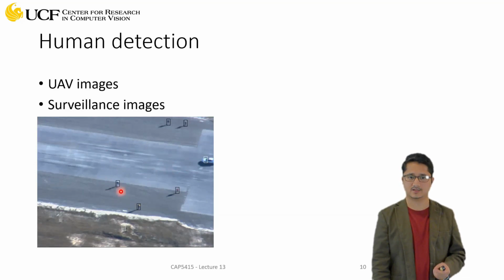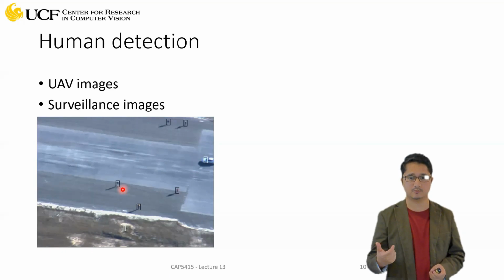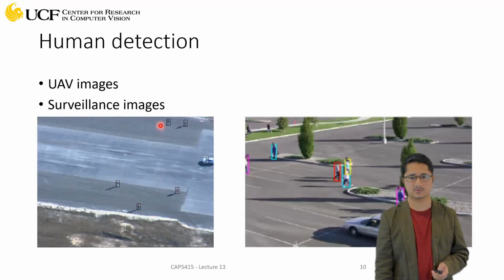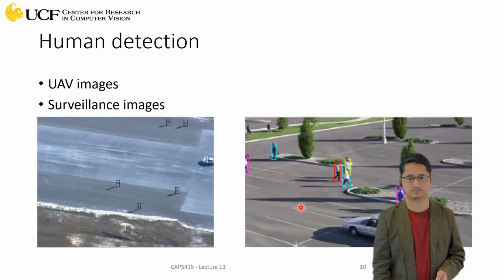In that case, even though this is person detection, the problem is quite different from when you're solving the same problem from ground view. Even for the human, you can see the perspective is changing a lot. The objects are far away, and you can have surveillance images or videos like this. So you can see even though the problem is the same, you might have different kinds of challenges in these two scenarios.